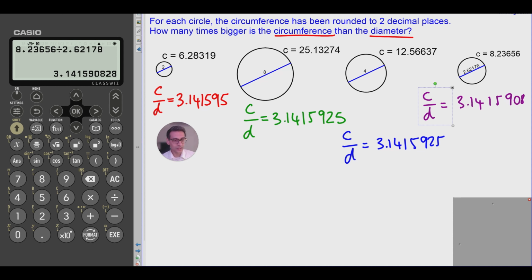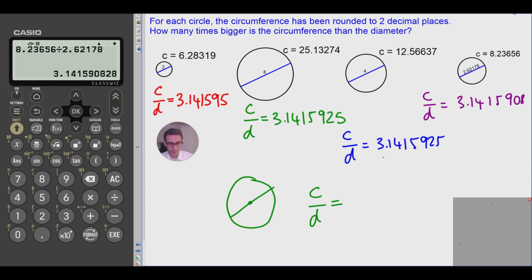So there's a very slight difference at the end, but the big idea here is that no matter which circle you use, which circle you measure, when you have the circumference and you divide it by the circle's diameter, you will always get 3.14159, and that kind of goes on.